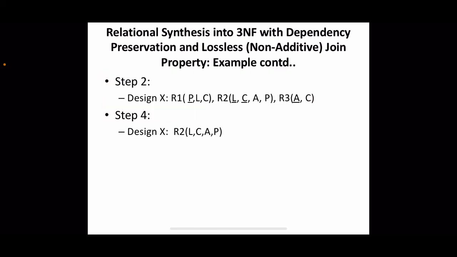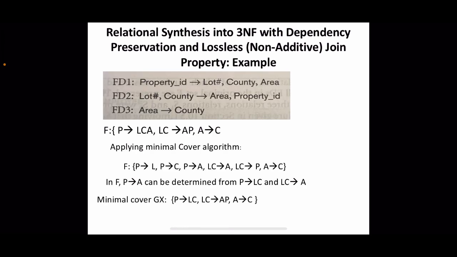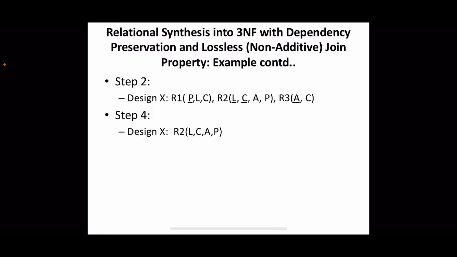So R1 will be PLC with P as the key. And going to the next dependency, LC determines AP, we don't have any other dependency with LC as the left hand side. So corresponding to this dependency, we create a new relation schema in which LCAP will be the attributes and L and C together will form the key. That is the second relation.